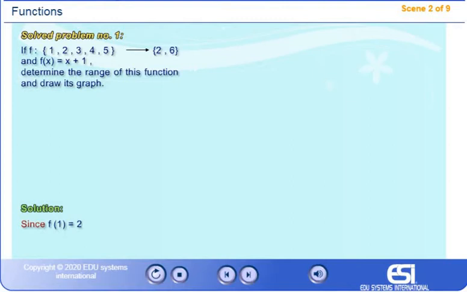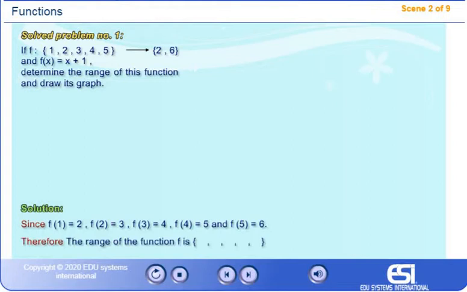Since f of 1 equals 2, f of 2 equals 3, f of 3 equals 4, f of 4 equals 5, and f of 5 equals 6, therefore, the range of the function f is the set of 2, 3, 4, 5 and 6.